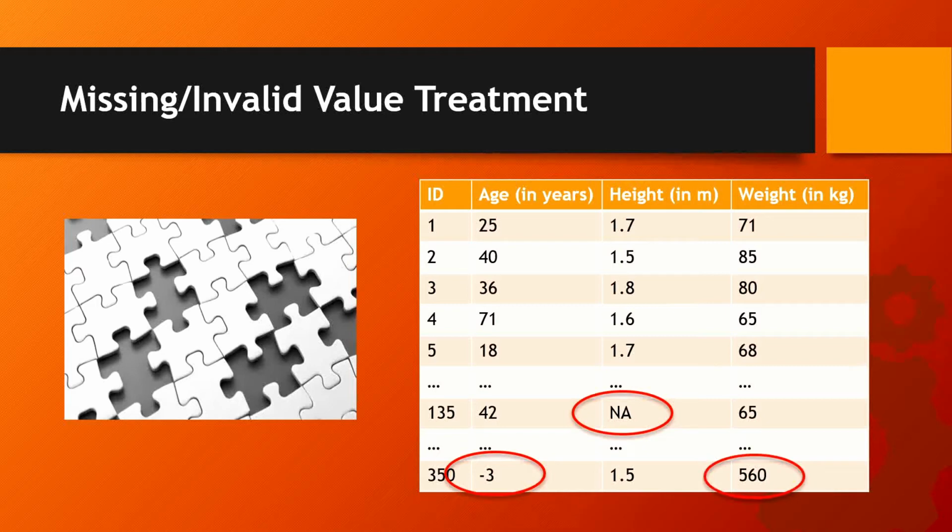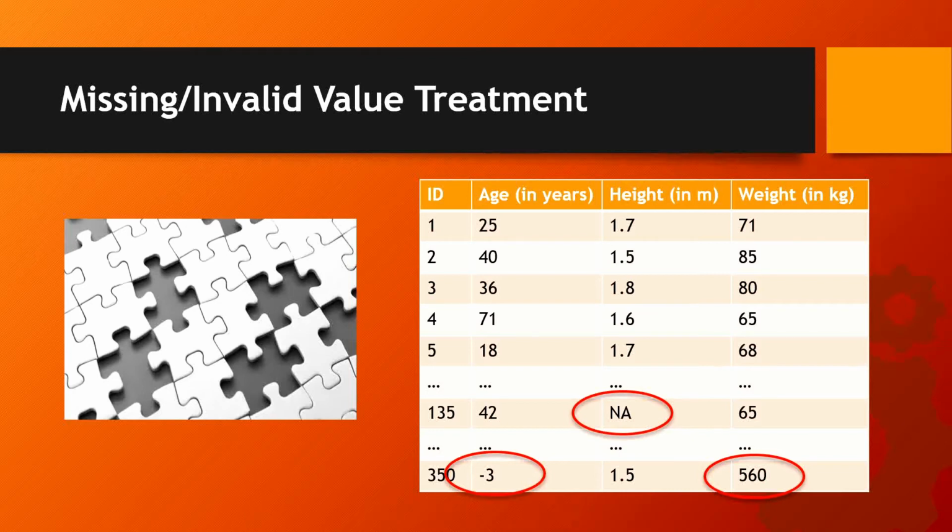And then you see there is another person who has a weight of 560 kilograms. Now, generally the weight of a healthy adult would vary around 50 kgs, or 40 kgs to maybe 150 to 200 kgs. 560 seems suspicious.